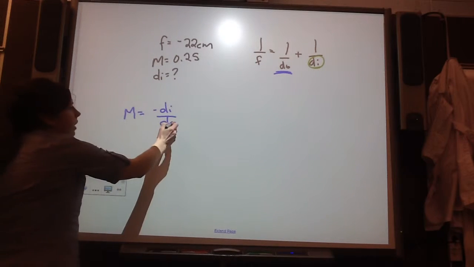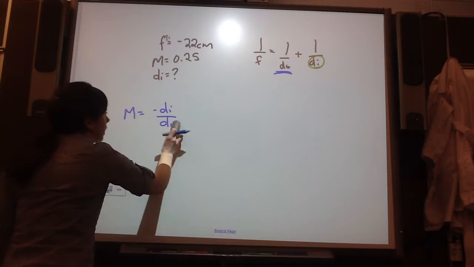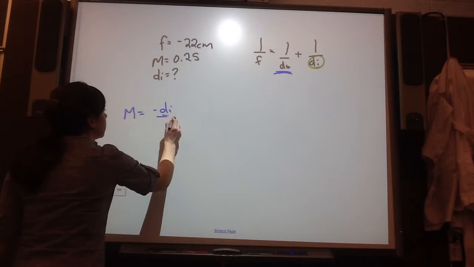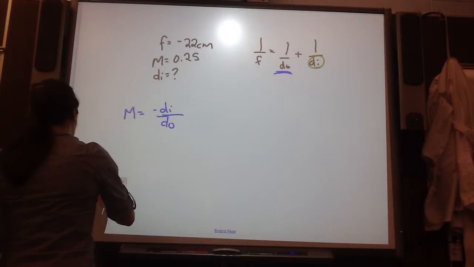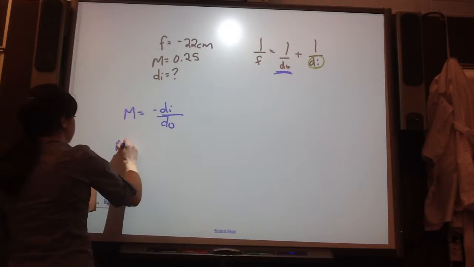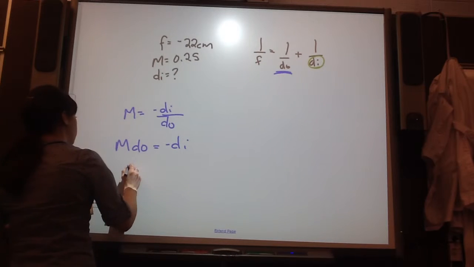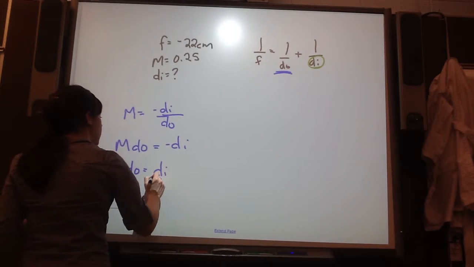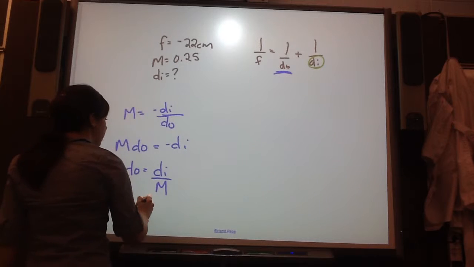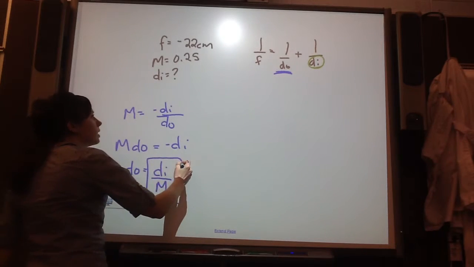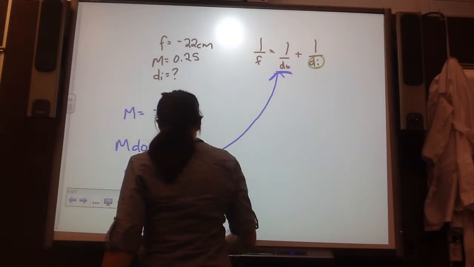I'm going to rearrange it to solve for do so that I can insert that into that formula. If I multiply across and then solve for do, I have do is equal to di divided by m. Now I can take this and substitute it in here.